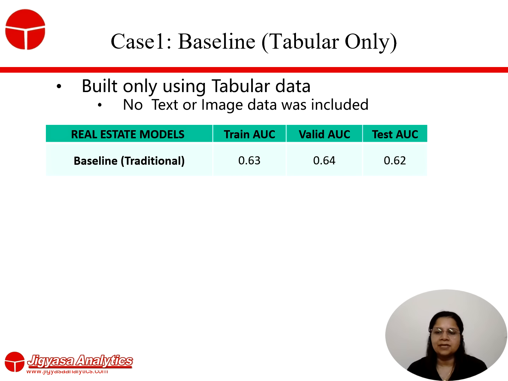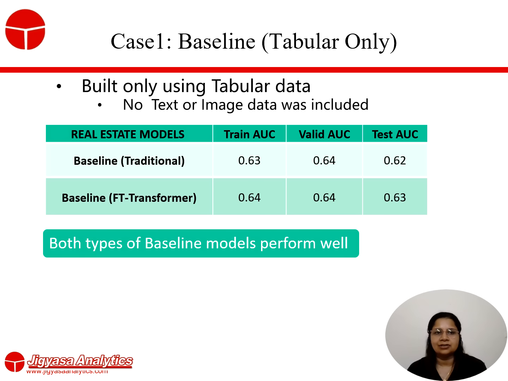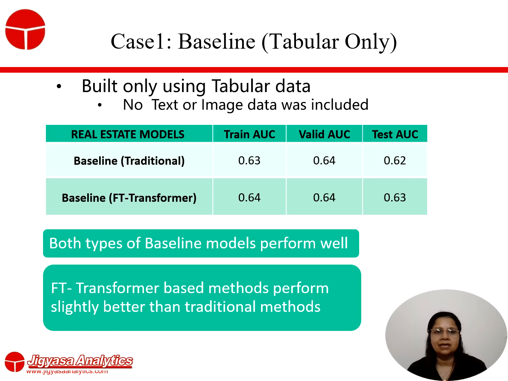The second row displays results from a deep neural network architecture, specifically the FT transformer model applied to tabular only data. As you can see, both approaches yield results in a similar range, with the FT transformer method performing slightly better than traditional techniques. Next, I will hand it over to Ratna and she will take you through the other scenarios.